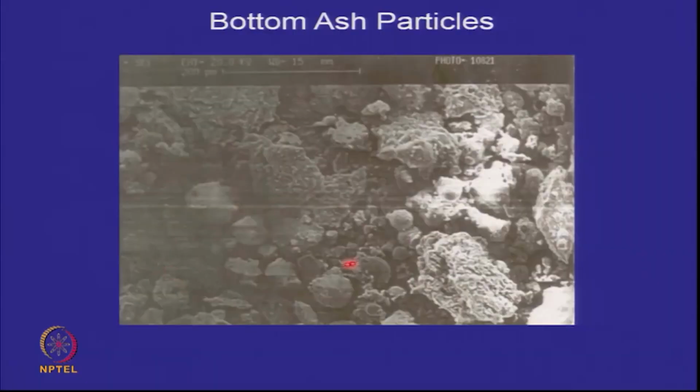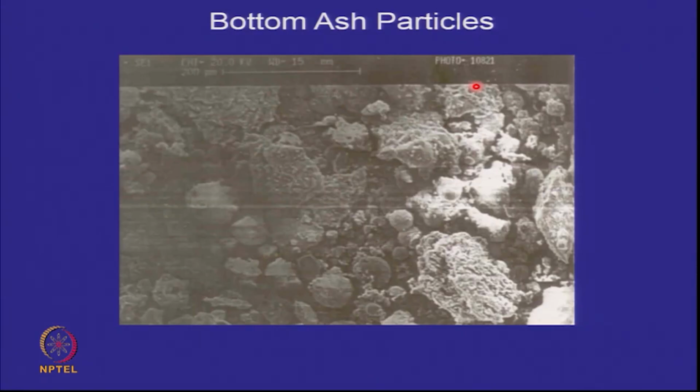We go into a microscope and look at these particles, and then we have to go to a scanning electron microscope to look at the very fine particles. If I look at a bottom ash particle, not a very clear shape, I can see some round particles, but most of the large particles are not round.